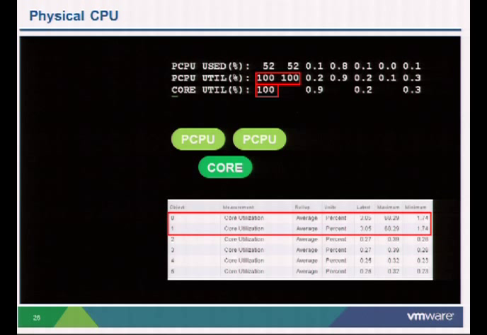To be honest, this needs to be fixed in vCenter, but this is how it reports right now, so just be aware of that. If you have hyperthreading enabled, the core utilization values will be repeated for the logical CPUs, but it's actually reporting the utilization of the core and not the logical CPU.